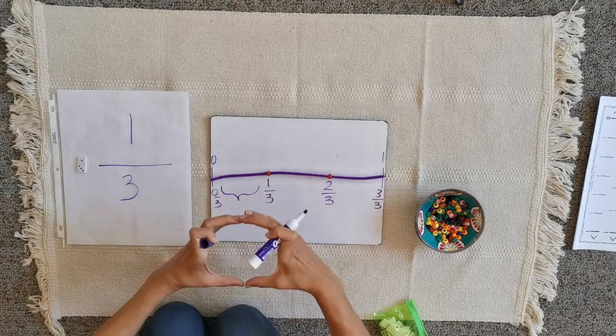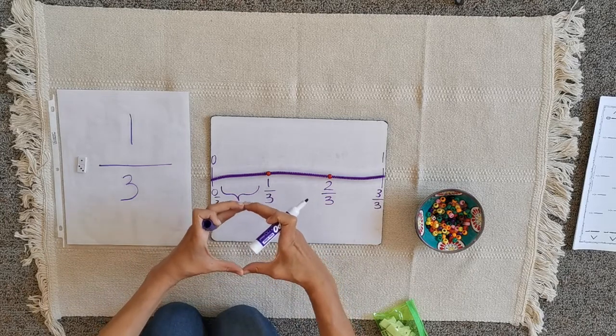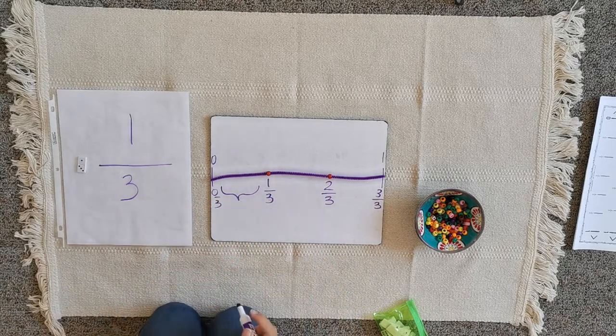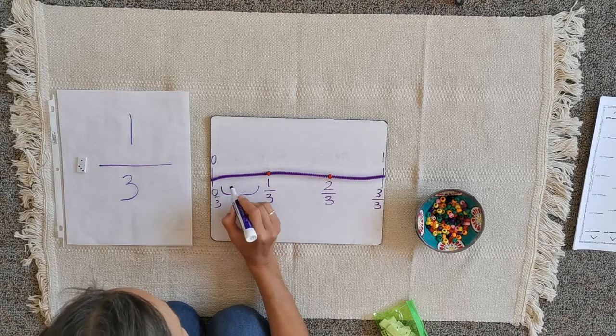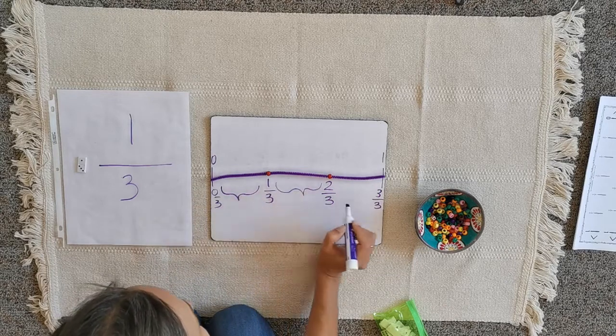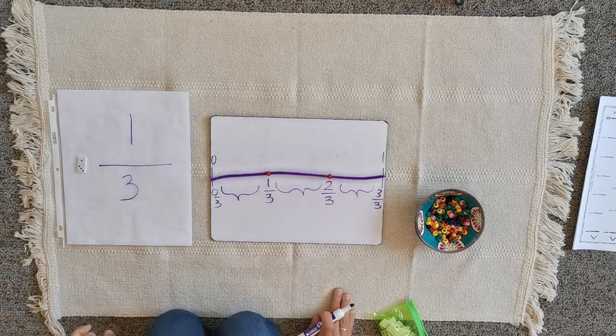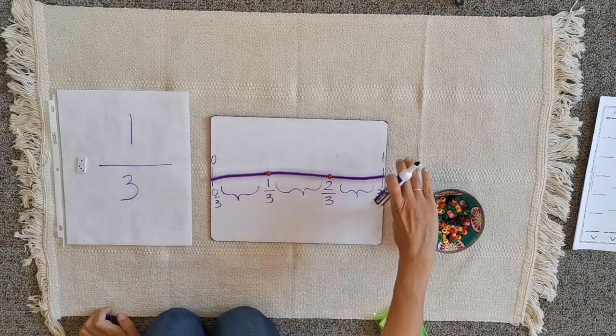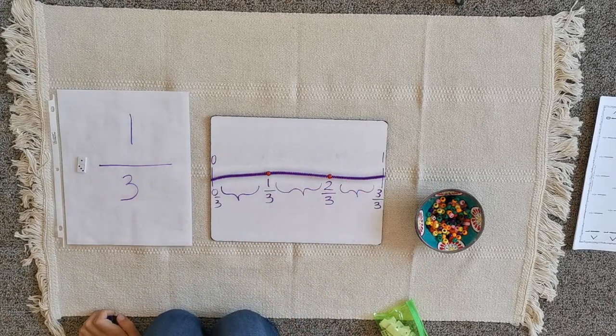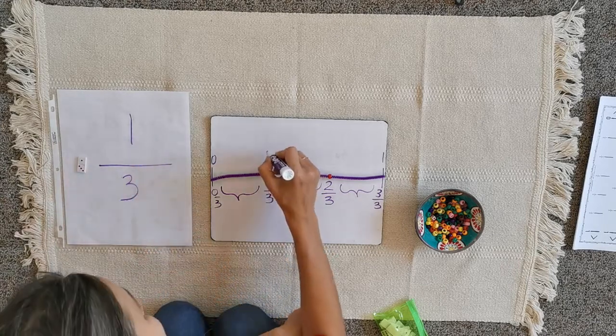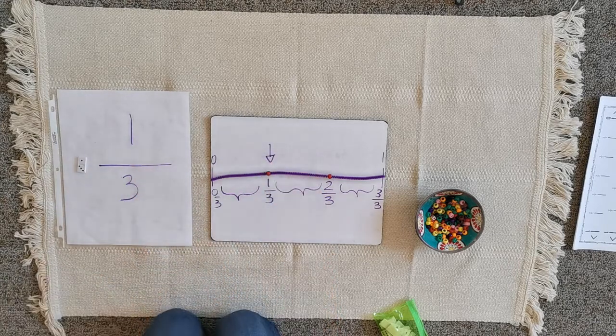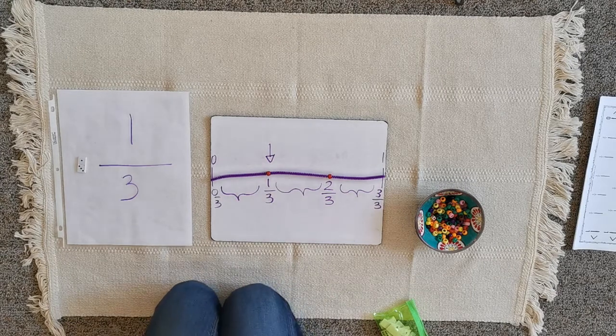If you put 3 thirds together, you have a whole pizza or a whole cake. So I have 1 third, the second one, and the third one, and all together make a whole. Where is my 1 third? Cling! Over here. So done with the first fraction.